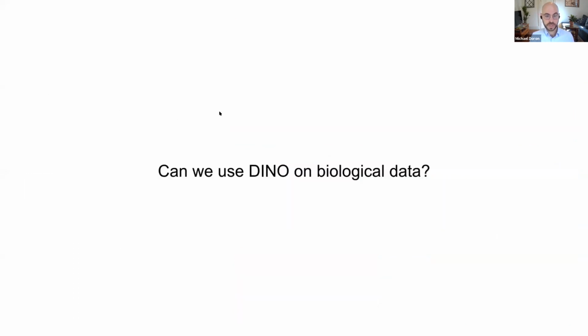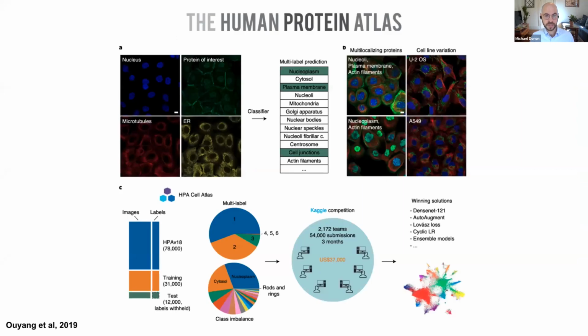So our question was, can we use this self-supervised model, Dino, on biological data? To test this, we took the Human Protein Atlas protein localization task dataset. In this task, we have human cellular cultures, and these cultures were treated with antibodies that bind to different proteins of interest.